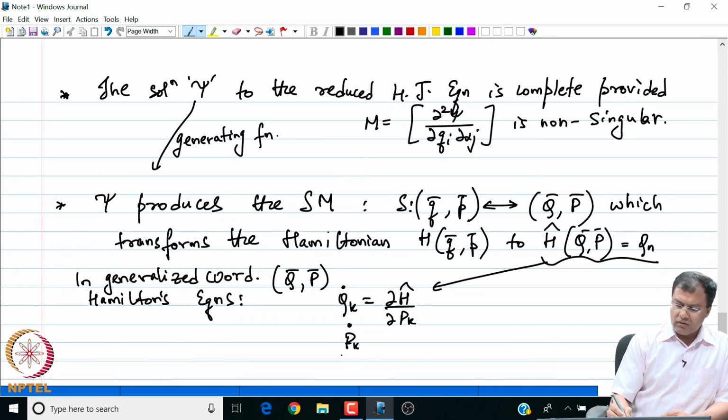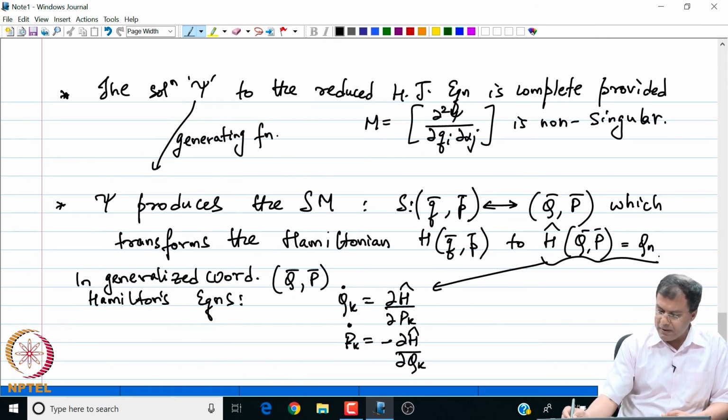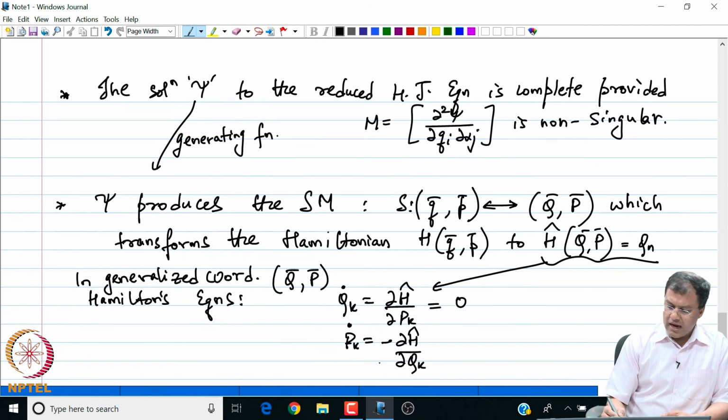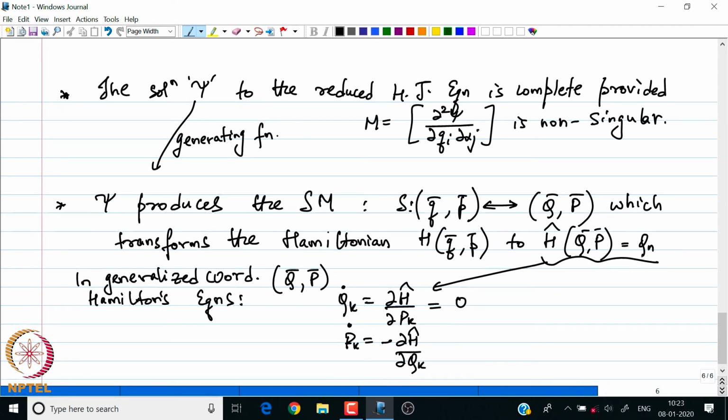So, let me just write down the two sets of equations and then we can infer our conclusions. So, qk dot is this and pk dot is minus del h hat del qk, right. So, notice that since h hat is not a function of p, so this will be 0, but h hat is definitely a function of qn. So, this is 0 if my k is from 1 to n minus 1, and it is minus 1 if k is equal to n.